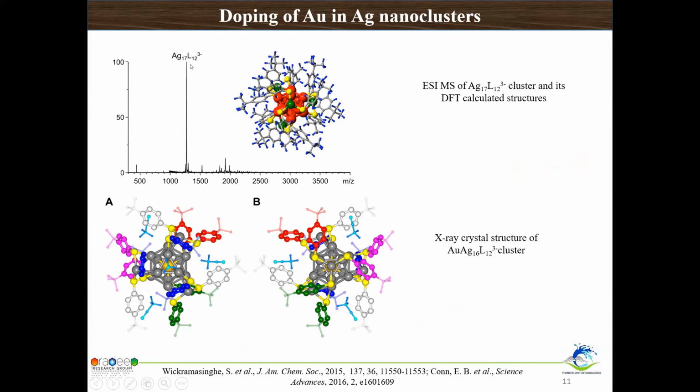The Ag17(ligand)12 cluster was assigned using ESI MS, although due to its poor stability, a single crystal was not obtained. But once a gold atom was doped to make the Ag16 nanocluster, the stability was enhanced, and we could get a single crystal out of it.